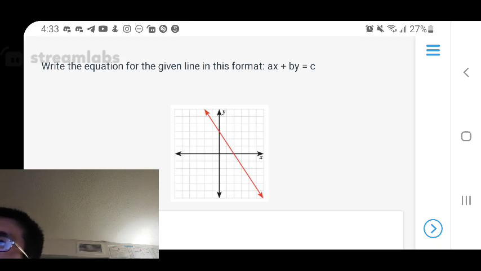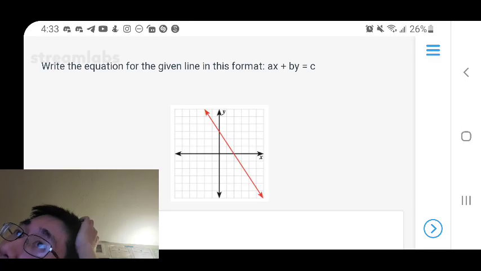Define m, so A is m, because y equals mx plus b. So let's write it as By equals Ax plus... it's not right. By equals negative Ax plus C, because you know y equals mx plus b.